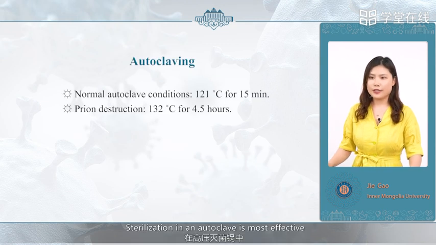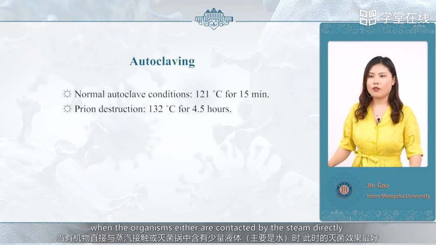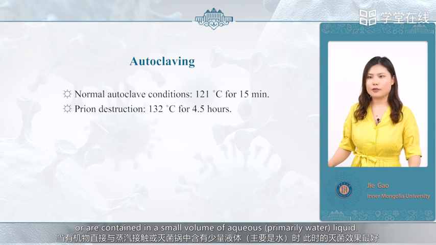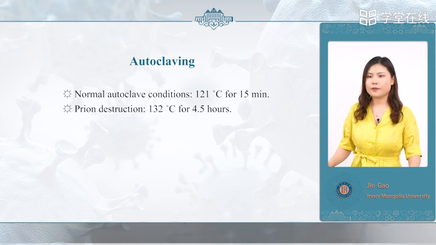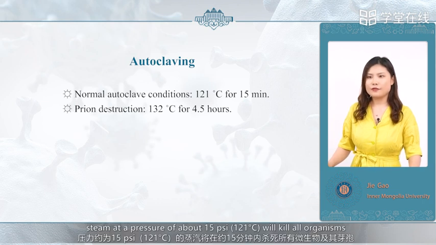Sterilization in an autoclave is most effective when the organisms either are contacted by the steam directly or are contained in a small volume of aqueous, primarily water, liquid. Under these conditions, steam at a pressure of about 15 psi, 121 degrees, will kill all organisms and their endospores in about 15 minutes.